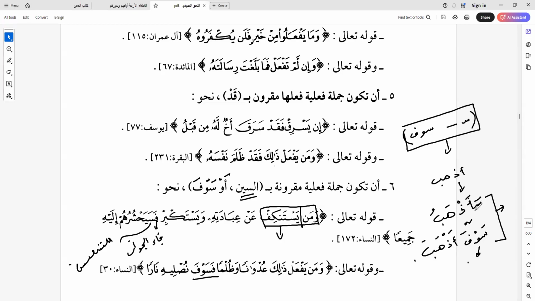Sa'azhabu, I will go. Sofa azhabu, I will go. But some grammarians are saying sofa is longer than sa. Sa is short term, sofa is long term. Others are saying no, they are the same. Allahu a'lam.